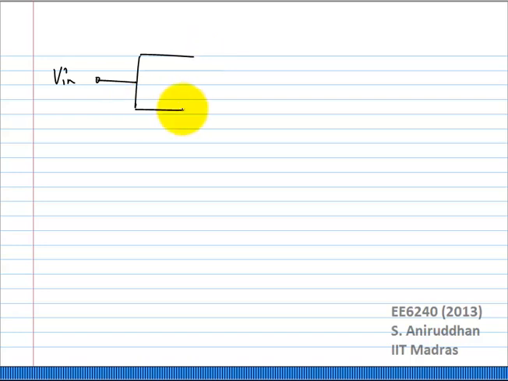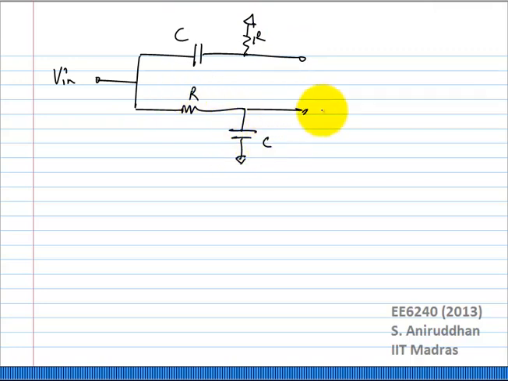So one of the things I'm going to do is, on one side I'm going to have a CR circuit. On the other side I'm going to have an RC circuit. Obviously these two capacitors are equal and these two resistors are equal. So I have two signals V1 and V2.